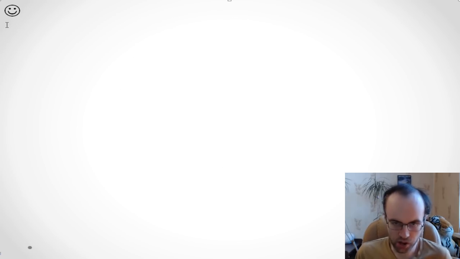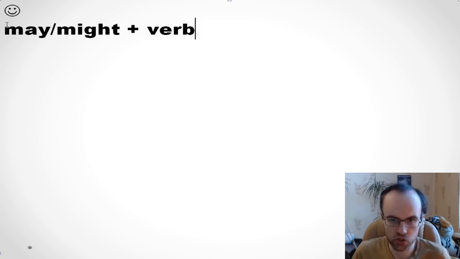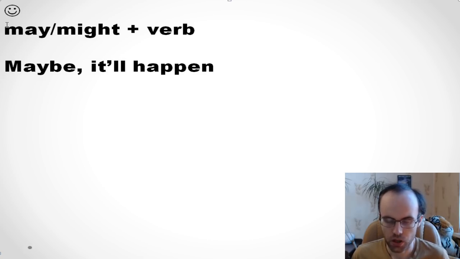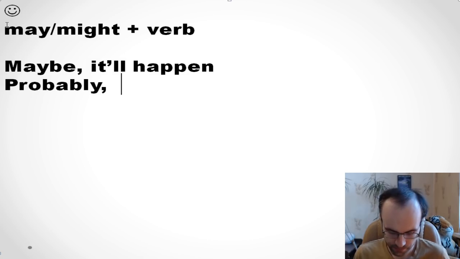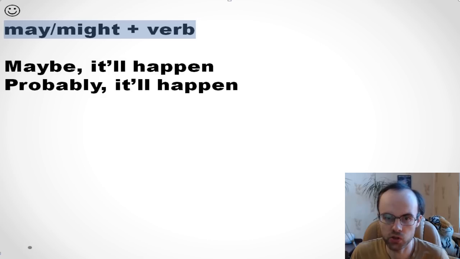Okay, good. So let's also talk about may and might. Remember, may and might plus verb. So, for example, you can say maybe it'll happen, or probably it'll happen. Or you can use this structure, may, might plus verb.